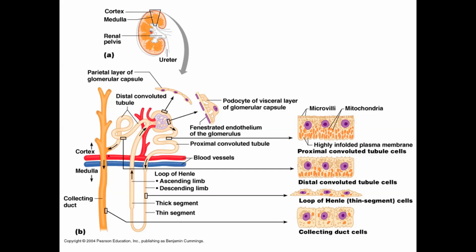So this arcuate artery branches out to form the cortical radiate artery, going to the cortex, and then branches out to form the smallest artery, which is called the afferent arteriole, and then connects to a capillary bed over here, and then blood will merge into the efferent arteriole and out. Okay, so that is the blood traveling.